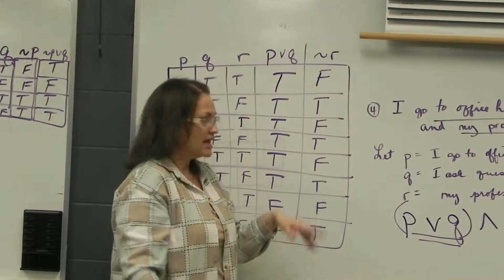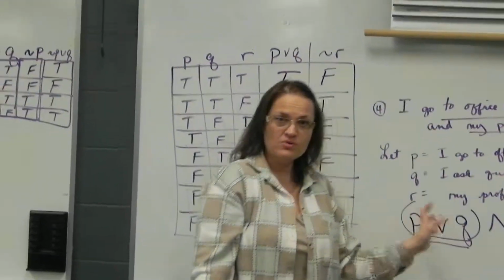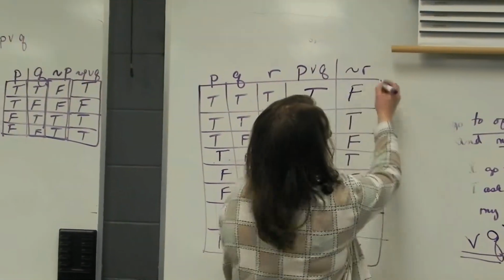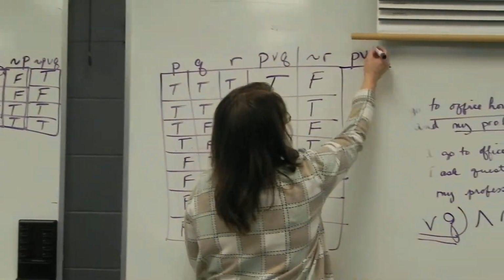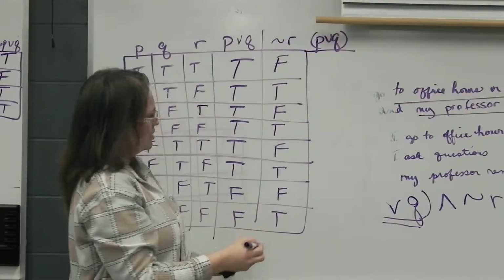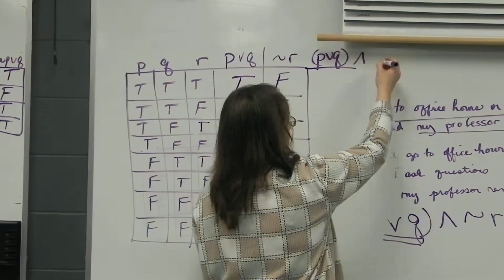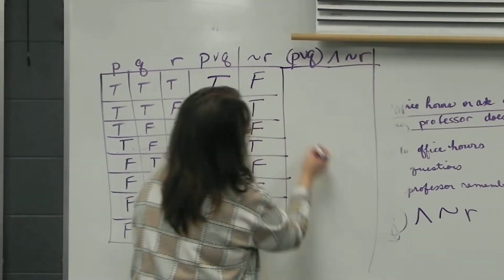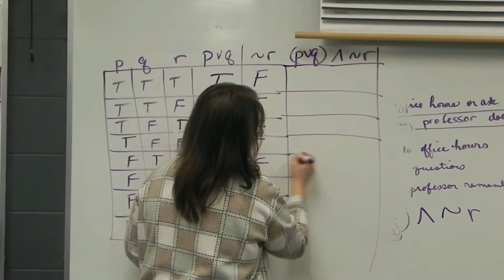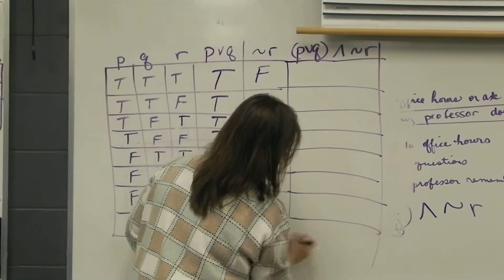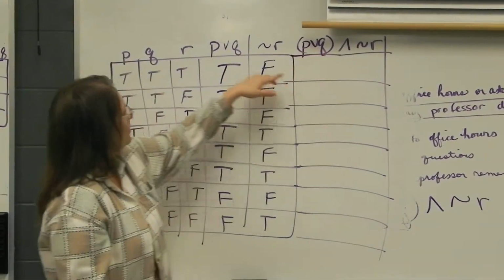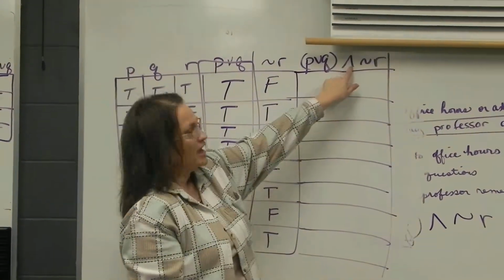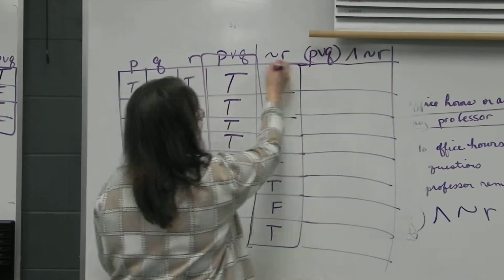Okay. Then the last column is the whole thing, the whole compound statement. Put that together, and that was P or Q, evaluating that column with an and, not R. So to assign a truth value to that last column, we're looking at the P or Q column, so we focus on this column and the not R column, this column.